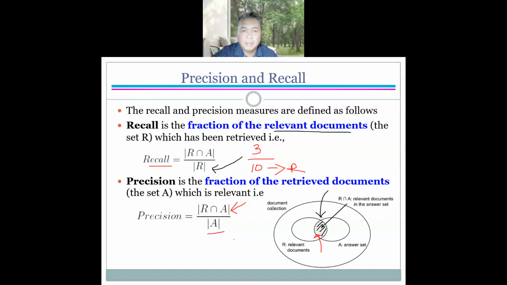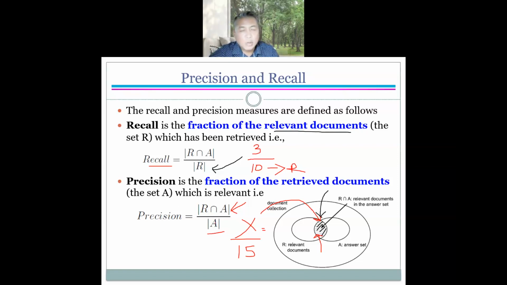For example, if you have 15 displayed on your screen, how many of them are relevant to the query that you have typed? So this X refers to the same intersection here, but we are using a different divider.